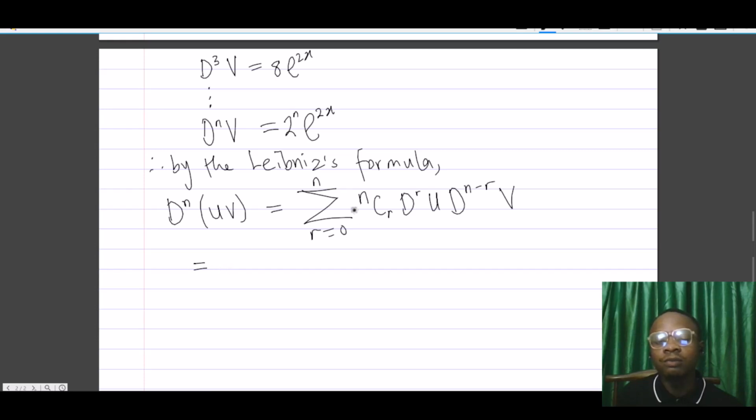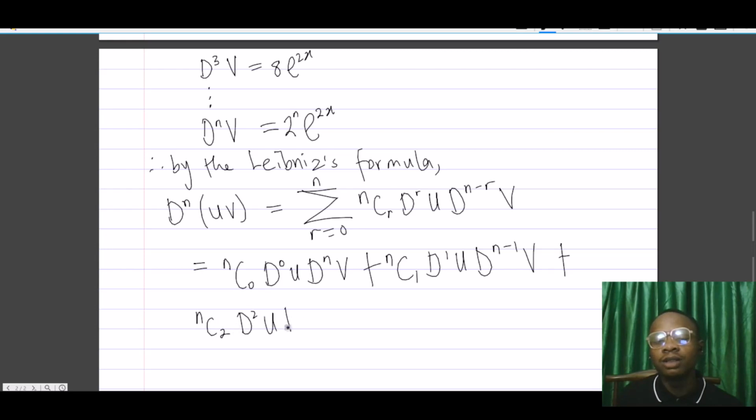So this is going to be equal to, for when r equals 0, n combination 0, the 0 derivative of u, the nth derivative of v, plus the next one, n combination 1, that's when r equals 1, the 1st derivative of u, the (n minus 1)th derivative of v, plus the next term, n combination 2, the 2nd derivative of u, the (n minus 2)th derivative of v, plus the next term, n combination 3, the 3rd derivative of u, the (n minus 3)th derivative of v, and so on and so forth.